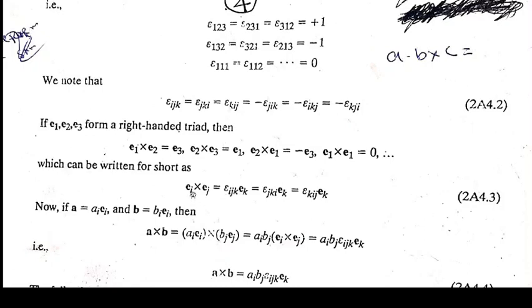Now if you want to calculate this one, you will do e1 cross e2 and it would be epsilon 12k ek. Now you will open the summation on k and you will have the result e3.